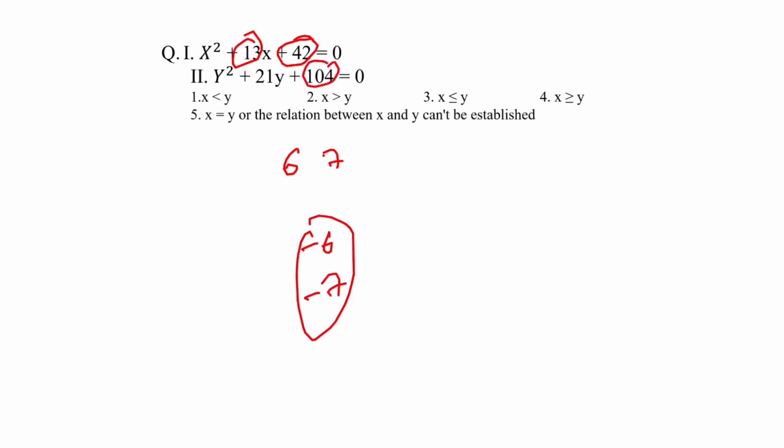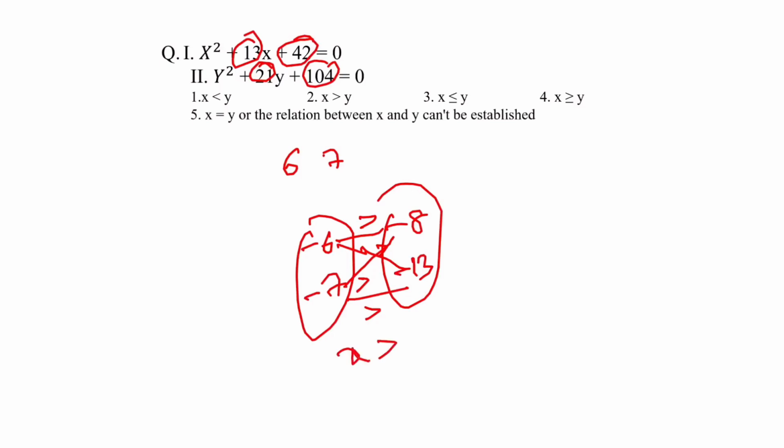Product is 104, sum is 21, 13 and 8, about -8, -13. -6 is greater, but -7 is also greater. -6 is greater, we are also -7 greater. And in 4 cases, no greater than relation, అని మనం ఏమో చెప్పచ్చు, x greater than y. Second option is the correct answer.